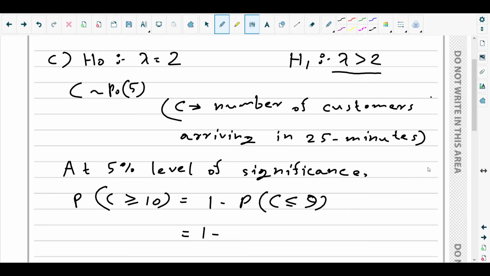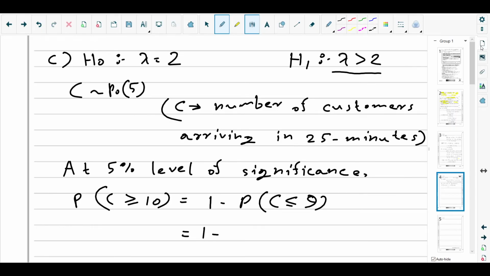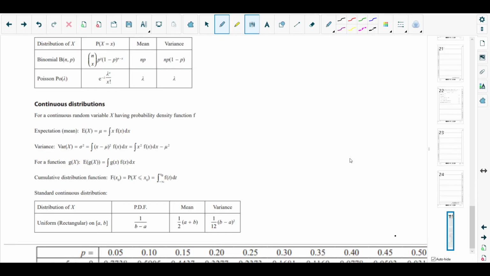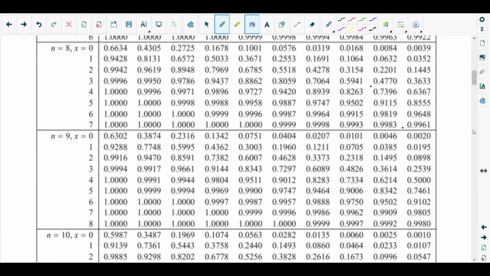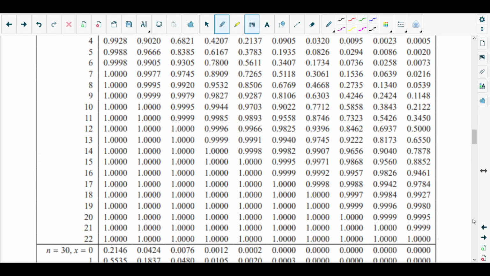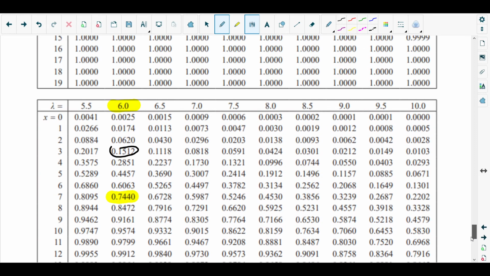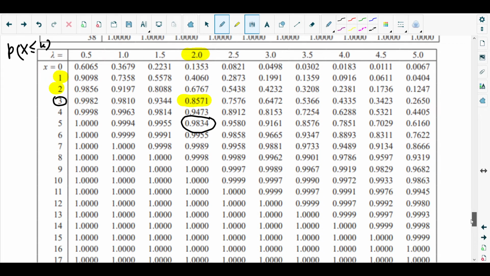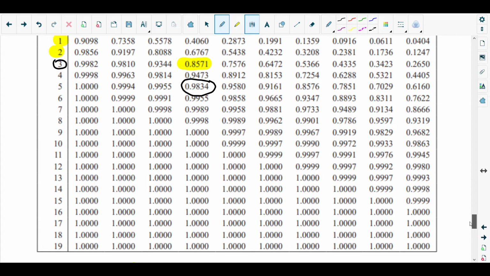We need to check the table again. If you check the table, we need lambda 5, right? This is lambda 5. We need the probability of C less than or equal to 9.